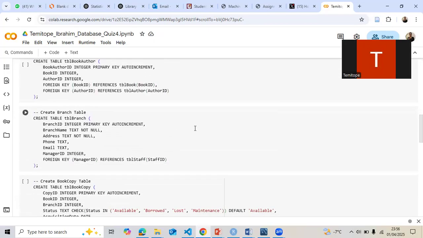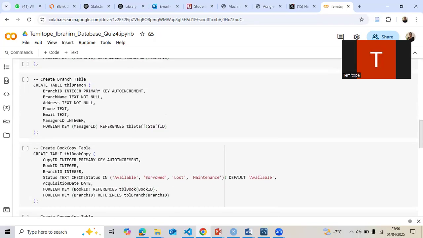We create branch table. This is the branch of all our libraries wherever they are located and all that. So the branch ID is the primary key. The branch name must not be null, so it must have a particular value. The phone number and email address, it depends. There's no instruction as to whether they should be empty or should have a value.